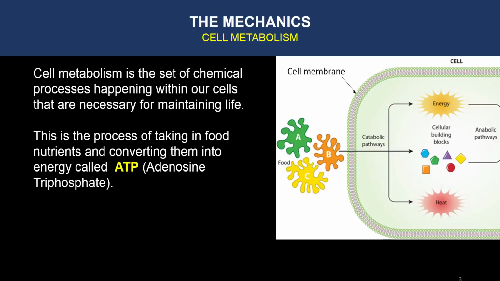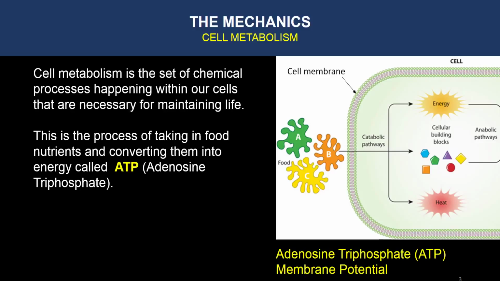So that means things can move in and out through this membrane, and the facilitation of this crossing is actually referred to as membrane potential. So the two terminologies you need to know: one is adenosine triphosphate, the other one is membrane potential.